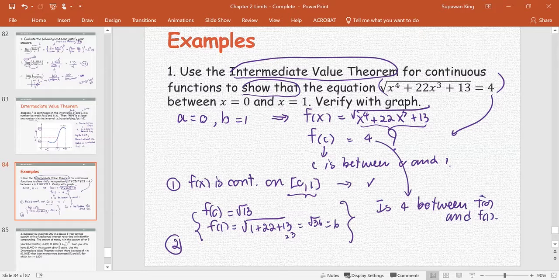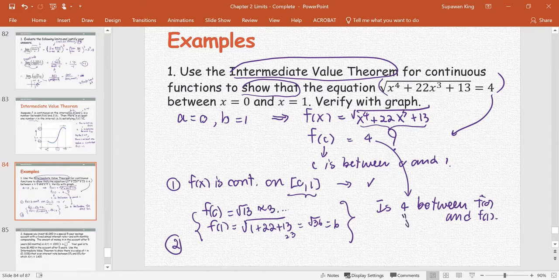Well, f at 0 is the square root of 13, which is somewhere between the square root of 9, which is 3, and the square root of 16, which is 4. So it's going to be about 3 point something.